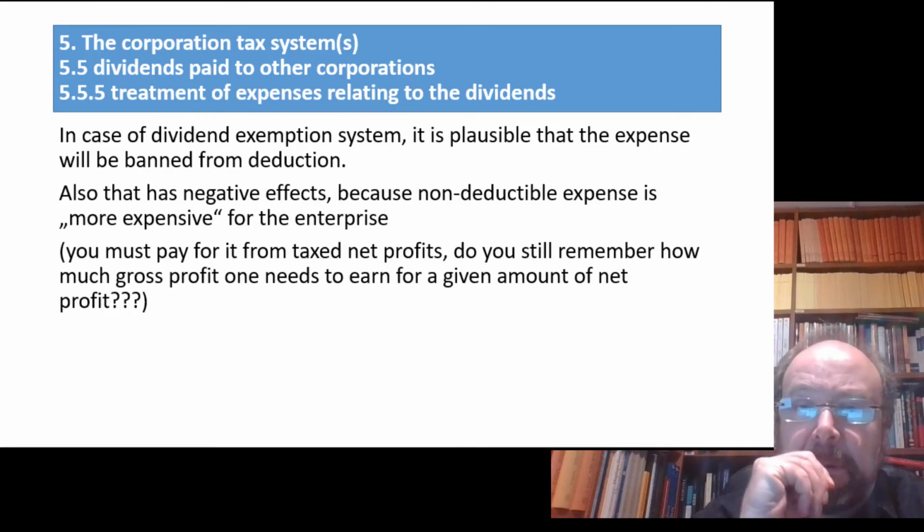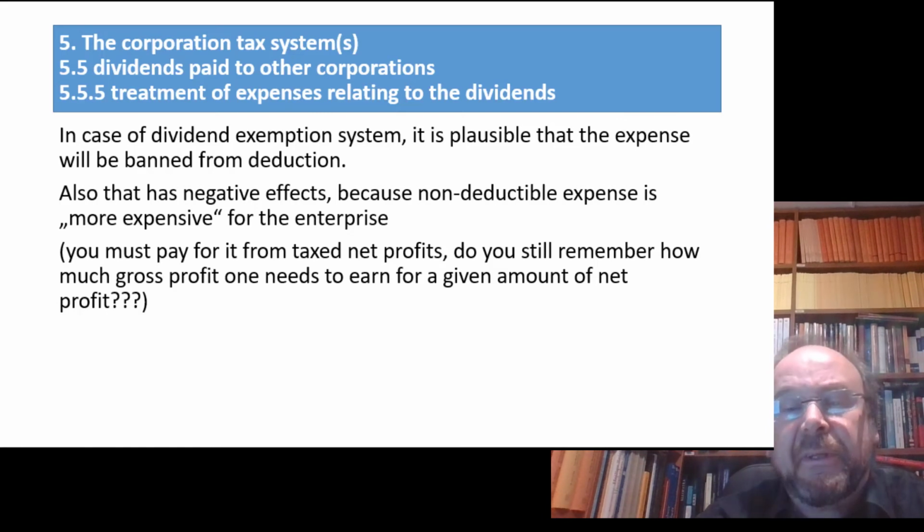You should probably still remember how one can determine by some nice calculations how much gross income before tax you need in order to have enough net income to be able to pay a certain non-deductible expense.